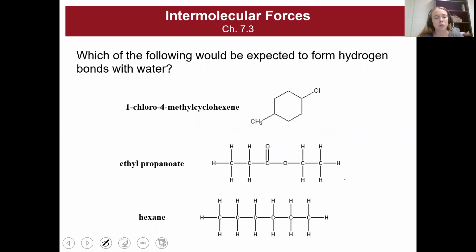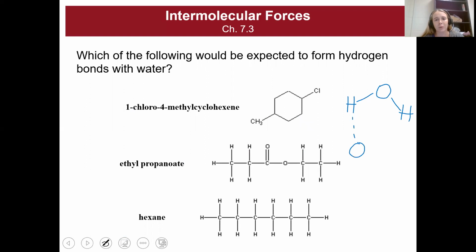And then we can also consider what kinds of molecules would hydrogen bond with water. So this is a little bit of a different question. Same concept, but now you've got to have water in the mix and compare. When we are making hydrogen bonds with water, the hydrogen is always between the two electronegative atoms.